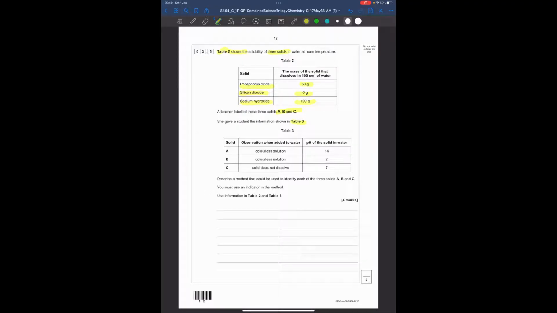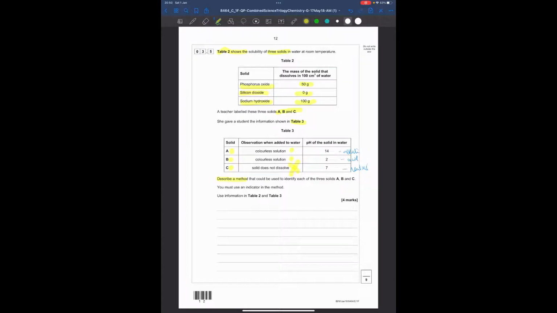So you can see she's got the 3 solids A, B and C, and you've got the observation when added to water. So it either makes a solution or it doesn't dissolve. You've then got the pH of the solid in the water. So she's used a substance to test for pH. And we can know that pH 14 is an alkali, pH 2 is an acid, and pH 7 is neutral.